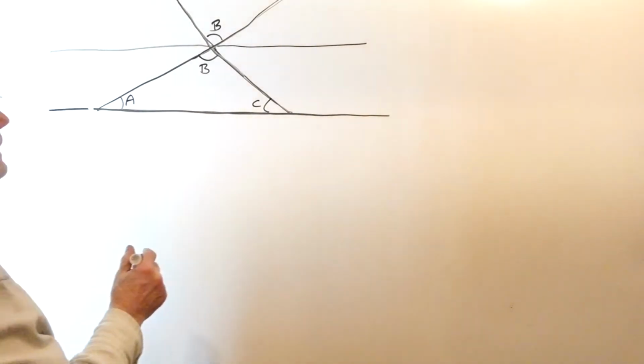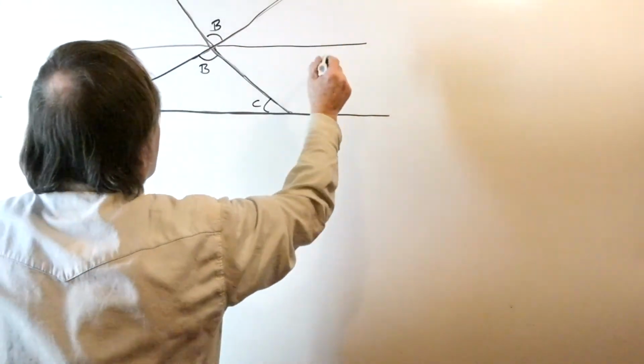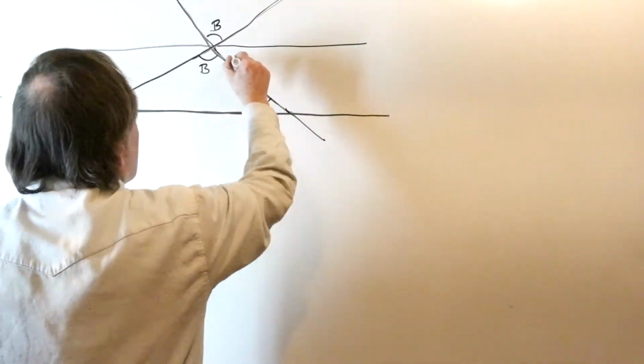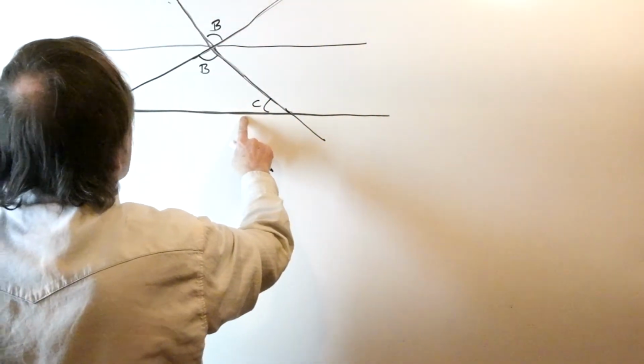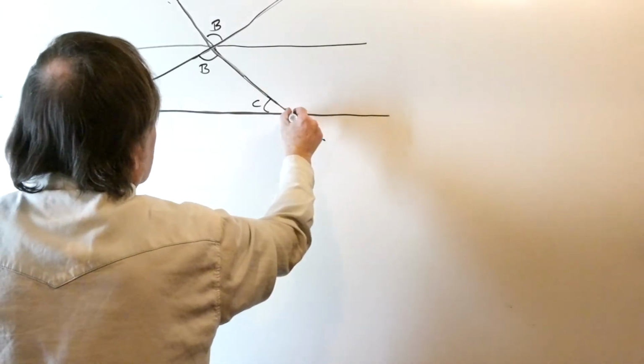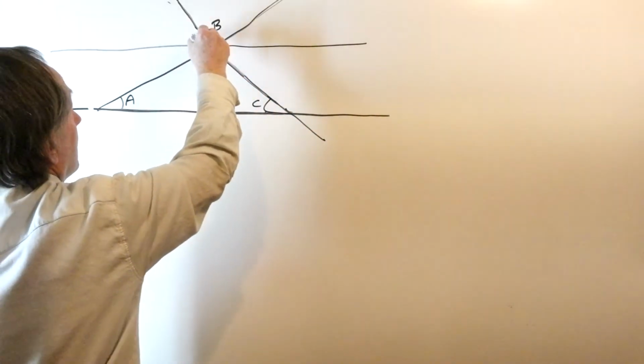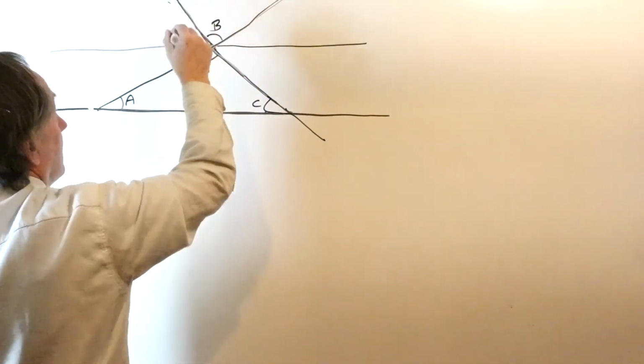Now, if we consider two parallel lines and consider this as the transversal to these two parallel lines, we know that this angle and that angle are the same.